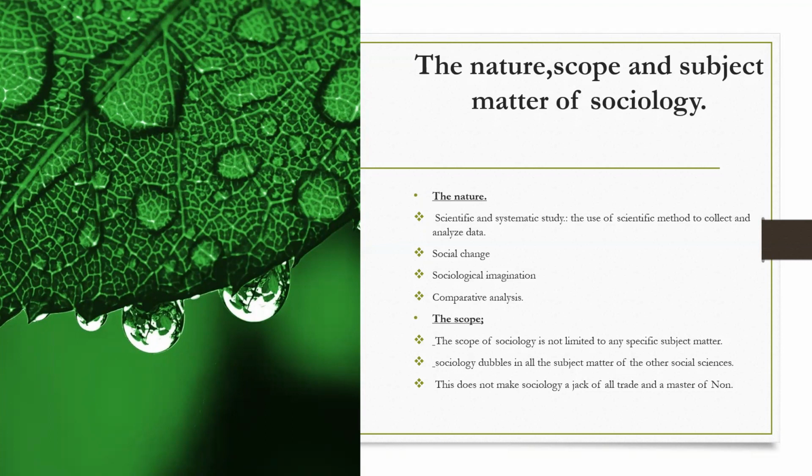Recently, there has been some argument that sociology can never be a scientific study. But one thing that I want you to understand is that so far as some of the scientific methods are adapted by sociology in the approach to studying society, it actually makes the discipline scientific.